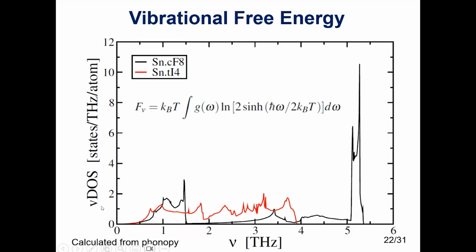Here I have the vibrational density of states. Instead of omega, this is now frequency nu in units of terahertz, so it's omega over 2 pi.